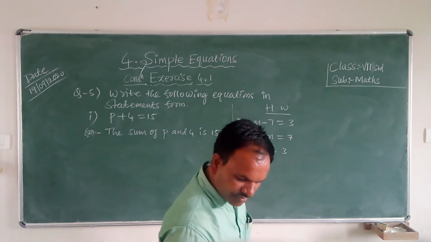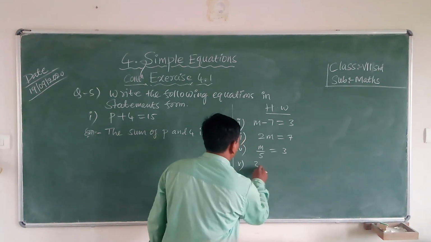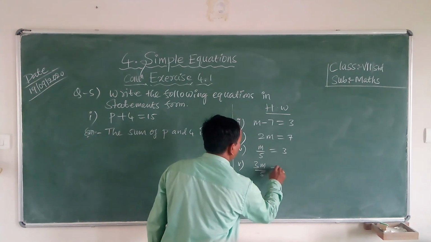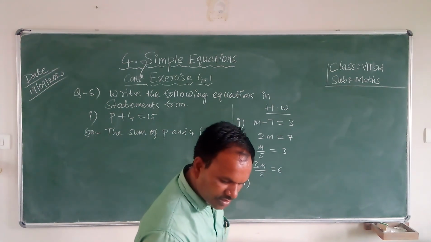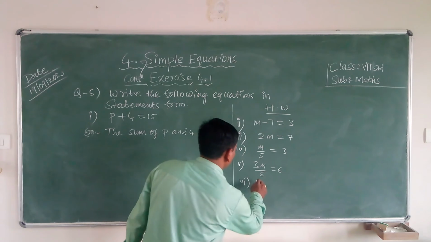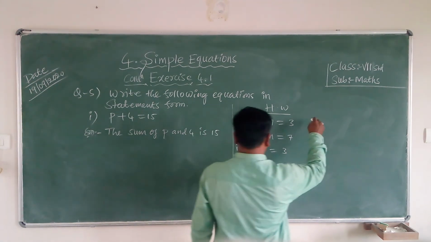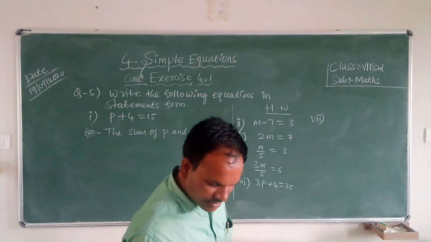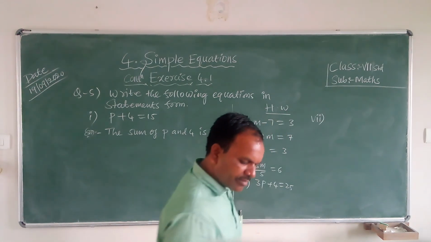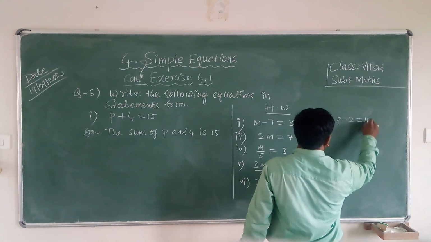Fifth one. 3m by 5 is equal to 6. 6th one. 3b plus 4 is equal to 25. Next, 7th one. 4p minus 2 is equal to 18.